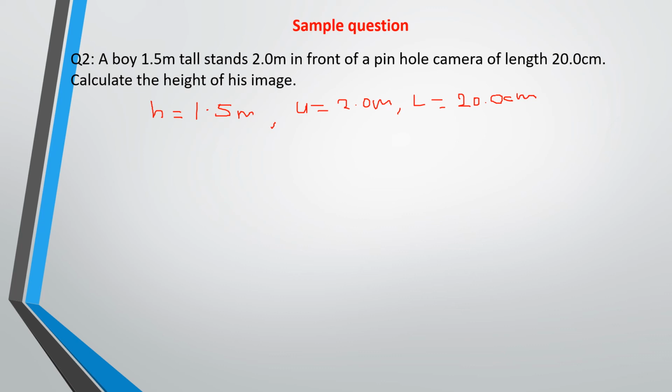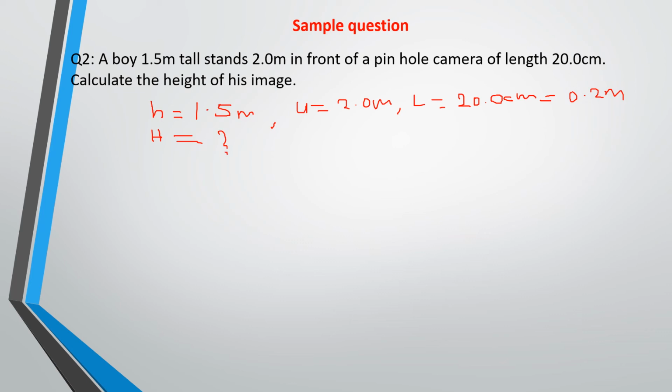Convert this to meters so that you have 0.2 meters, because all these other variables are in meters. Okay, so you are now asked to calculate the image height. This is what you are finding.